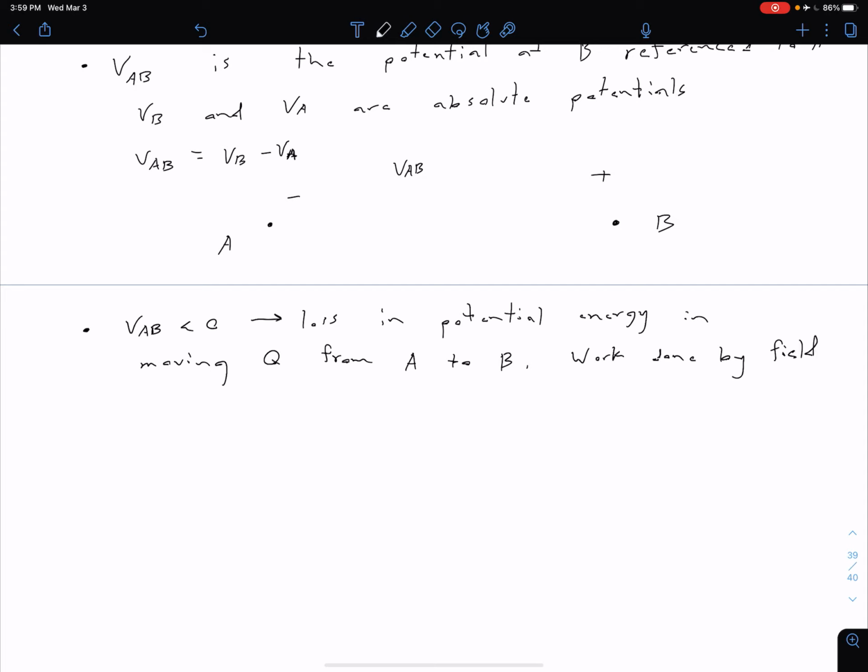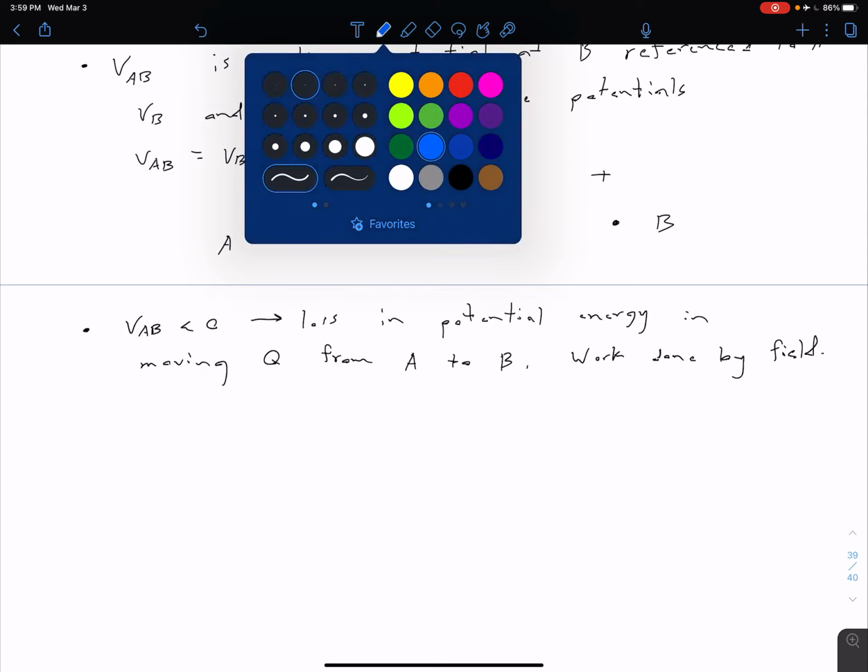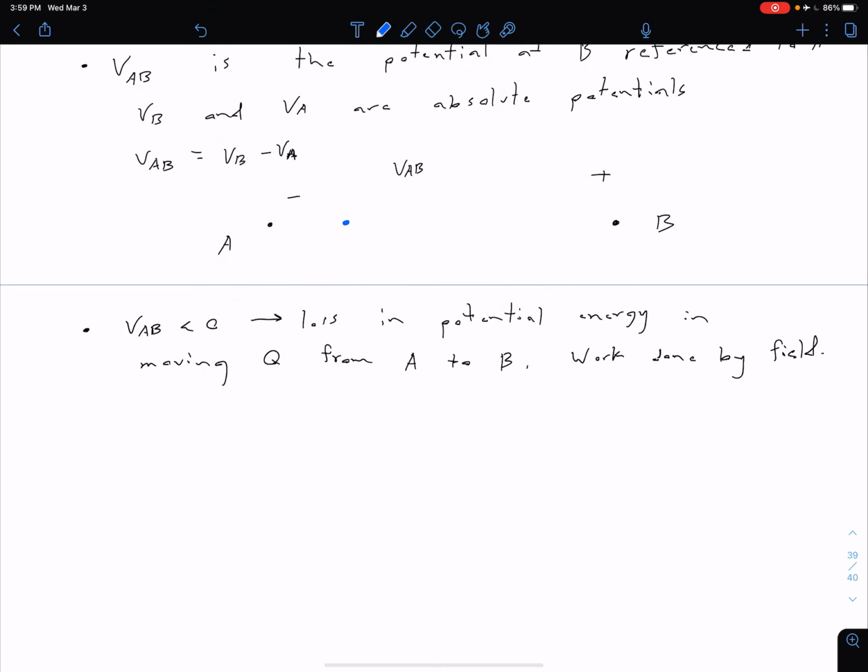So our field is moving that charge from A to B. Let me draw schematically here: we have some charge Q going from A to B in that direction.